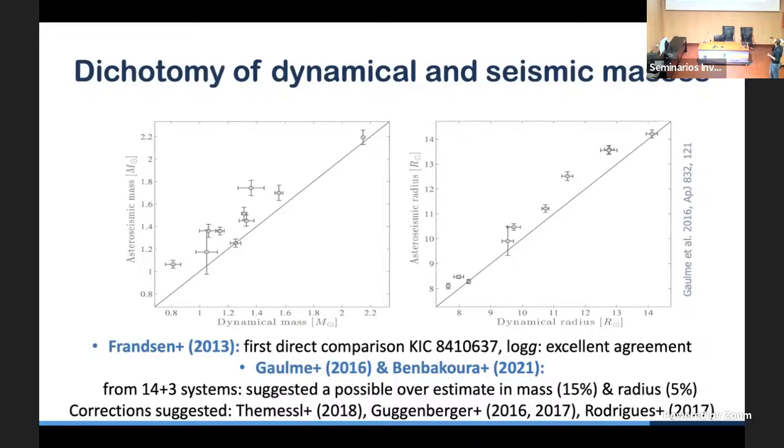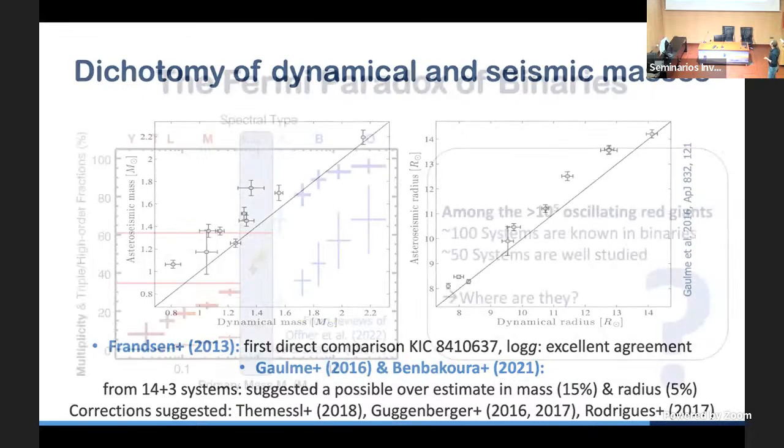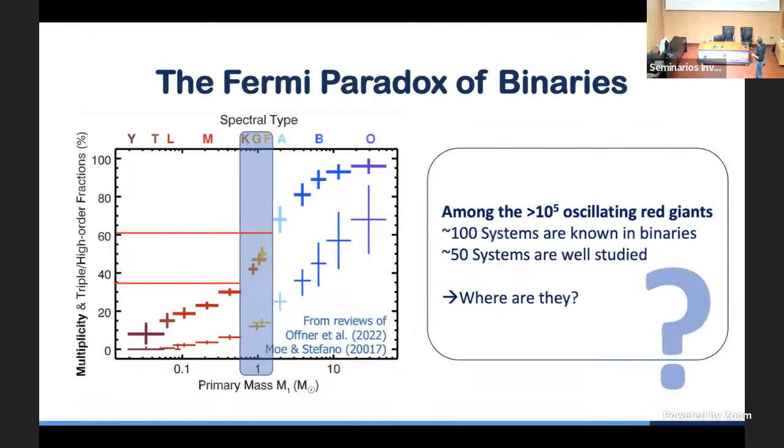So what we want to do is to populate this diagram much better. We have 14 stars in here, and this was 2016. We're nearly 10 years later, and the diagram is still not better populated, which leads us to the question, where are they? We could take an artistic license from Fermi and say, where are they? Like, where are the aliens?